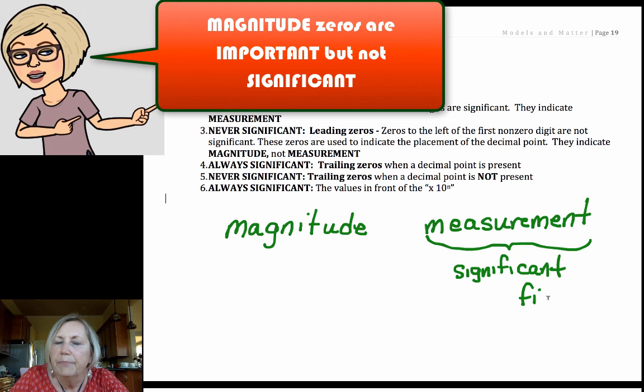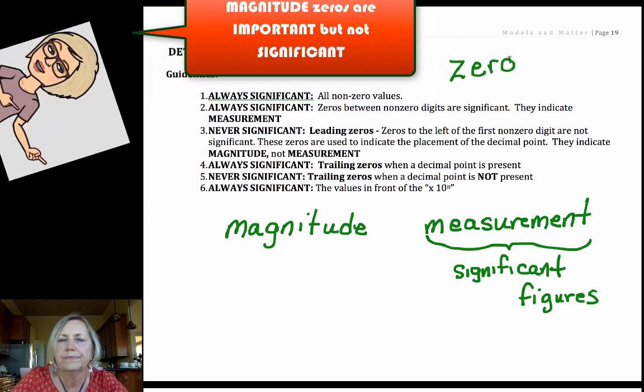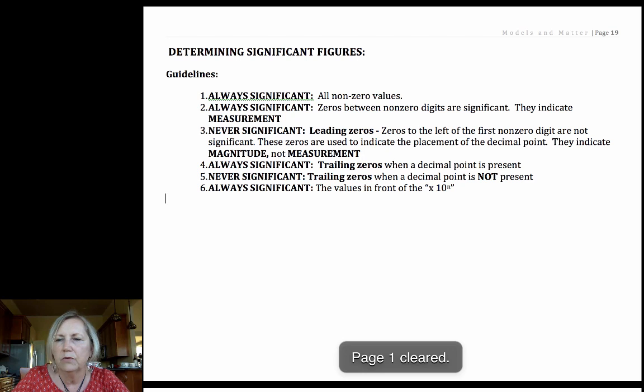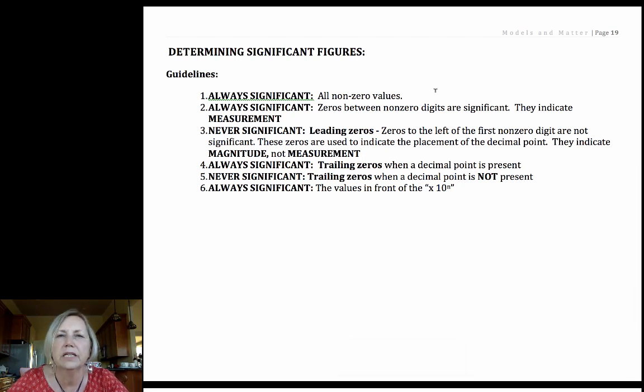Now, magnitude is typically powers of 10. Where we run into the challenge of determining the number of significant figures is with zeros. They're the problematic ones. There are some guidelines you can use that some people like, and I'll run through those quickly before I show you the trick that I learned.